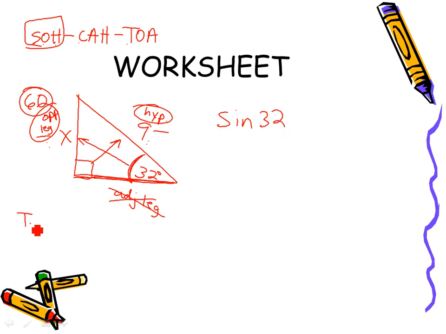So if you wanted to set it up, it's always the trig ratio, then the angle, equals, and then some ratio, whatever it is, opposite over hypotenuse. This time our opposite leg is x, so it's x over the hypotenuse, which is 9.